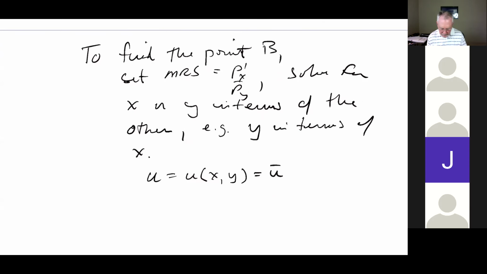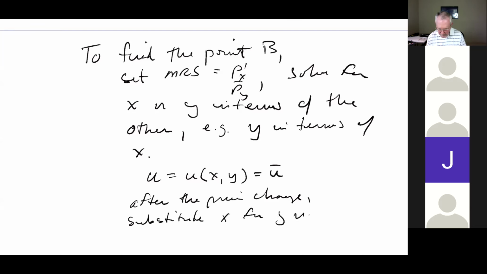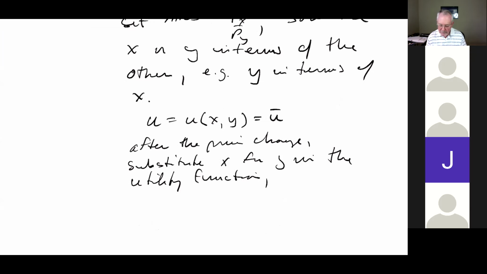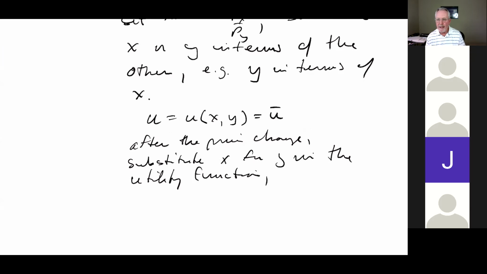And then after the price change, I substitute Y in terms of X into the utility function. And I have a specific value that the utility function has to be equal to, so I have a single equation in one unknown.